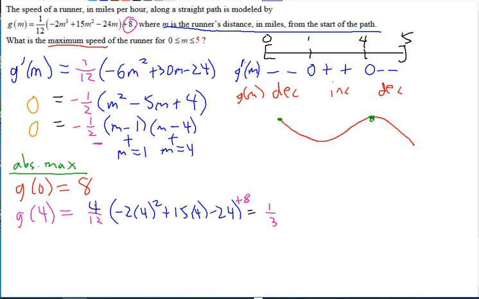So I have 1/3, and then if we simplify what's left in here, 16 times -2 is -32. 4 times 15 is 60, minus 24, and don't forget the +8.